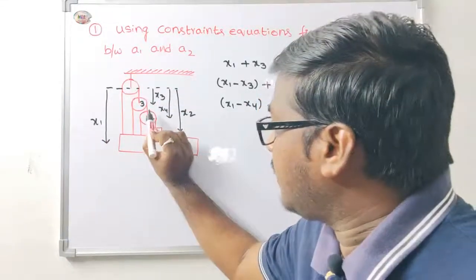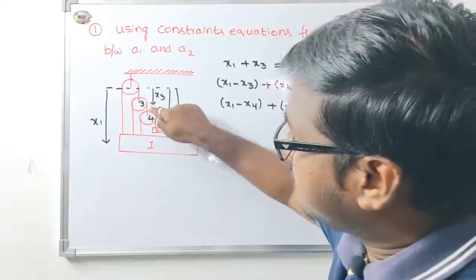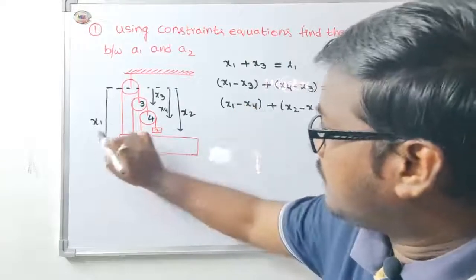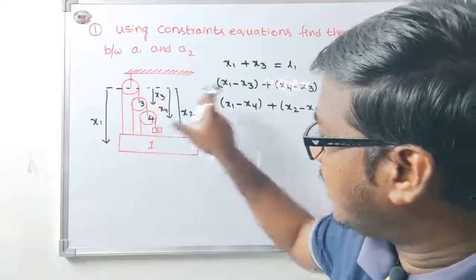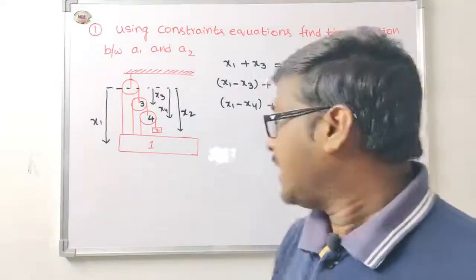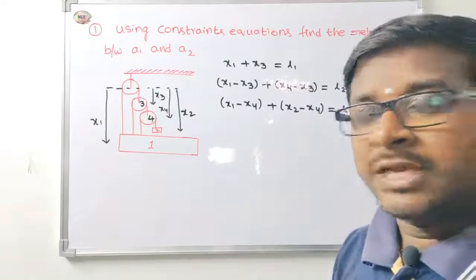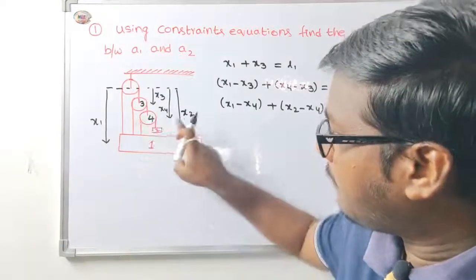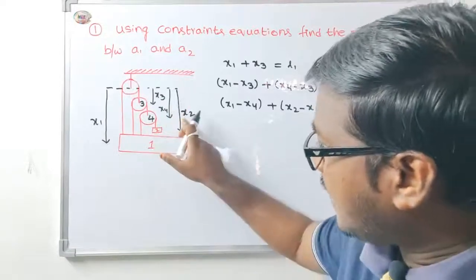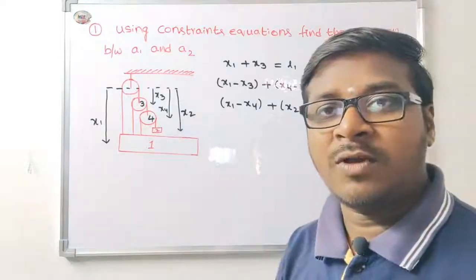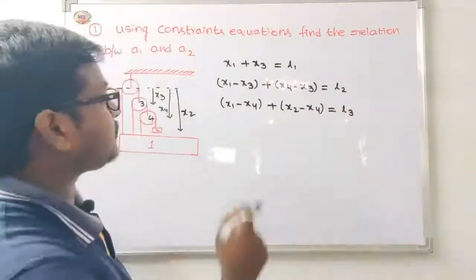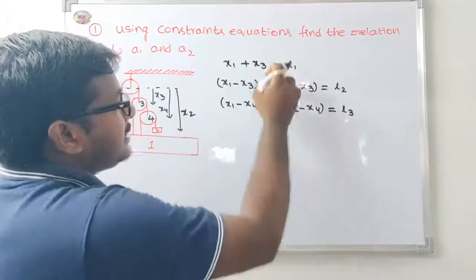For the second string: x1 minus x3 plus x4 minus x3 is equal to L2. The last one: x1 minus x4 plus x2 minus x4 is equal to L3. These are the equations.